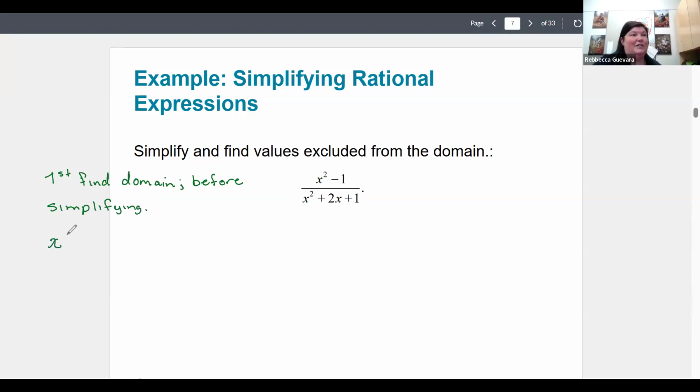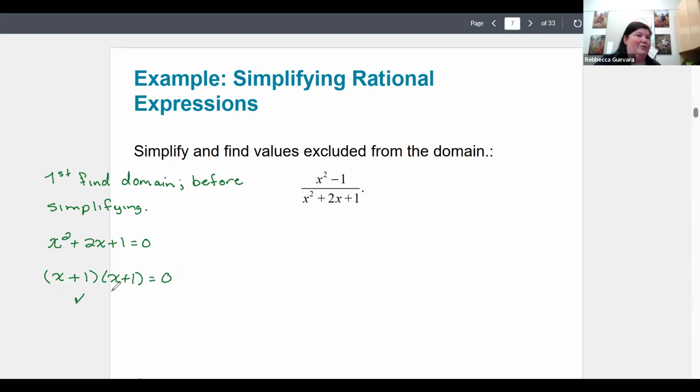So that means I have to take the denominator, so it's the x squared plus 2x plus 1, and set it equal to 0. We don't care what happens on the top. That bottom, we can't have the bottom be equal to 0. So we're going to set it to 0 to figure out what I need to remove. Once again, if I factor this, I need 2 factors that multiply to 1 and add to give me 2. Well, that's just going to be x plus 1 times x plus 1.